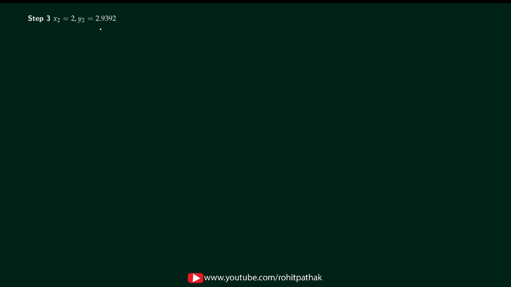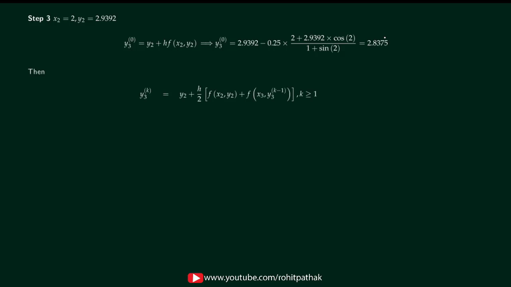So x2 is 2, y2 is 2.9392. This is the initial estimation of y3 by using Euler's method. Euler's method will give y30 as 2.8375. Again using the modified formula y3k, y2 is 2.9392 and all other values, so this value is again constant throughout the discussion.